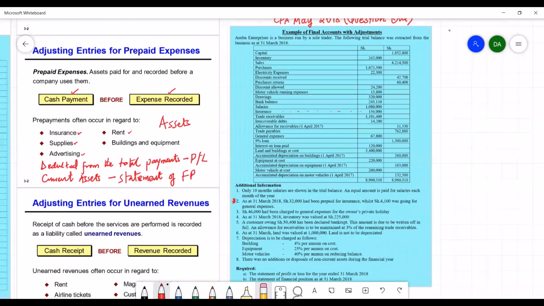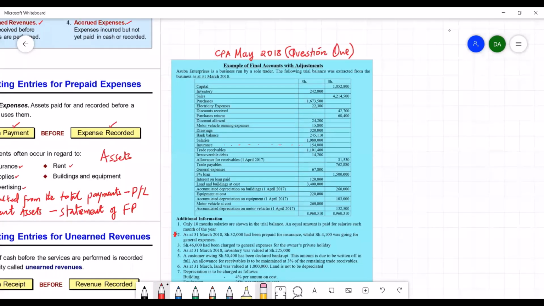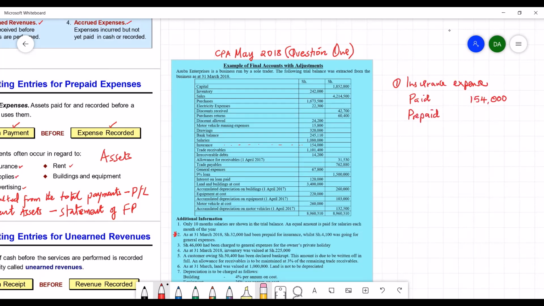That therefore means that if we want to determine the insurance for purposes of recognition in the statement of profit or loss, the insurance expense is going to be the amount paid, 154,000, less the amount prepaid, 32,000.